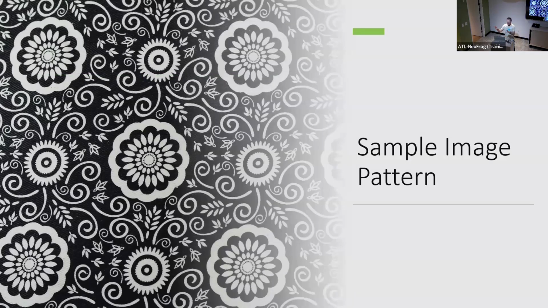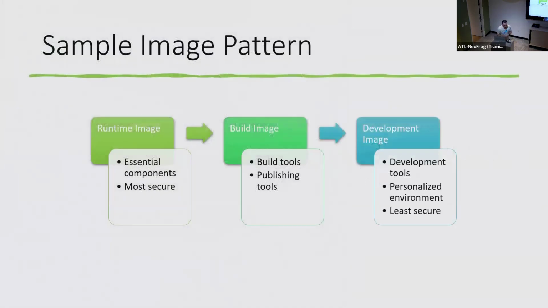Okay, so this is a sample image pattern. Remember, this is just a sample process, something that's worked for me in the past. I start with: what do I need to run my application? What's the runtime image? Do I need a JVM, right? Do I need Node? What do I need?